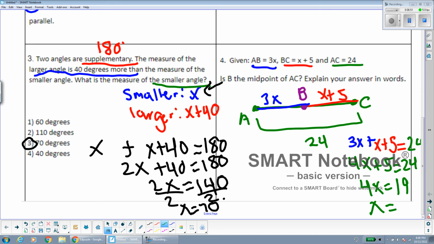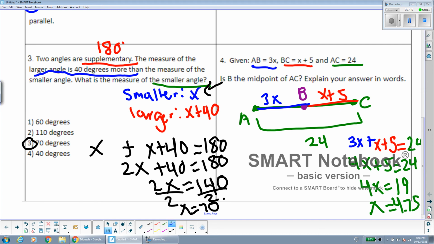And if we divide by 4 on both sides, that doesn't work out to give us a nice number. But if you put that into your calculator, that's exactly 4.75. So let me take the x value and plug it in to find what AB is and to find what BC is.